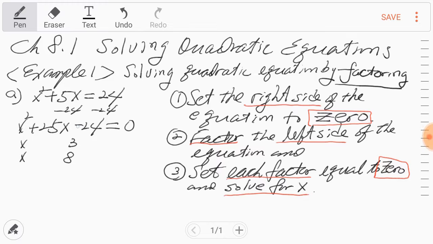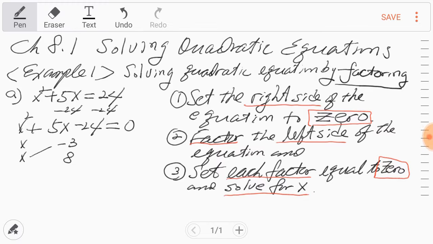And we need to put the negative sign. The product has to be negative, so we can put it on the 3. Okay, this is 25. This should be 5, right? So x squared plus 5x minus 24 is equal to 0.